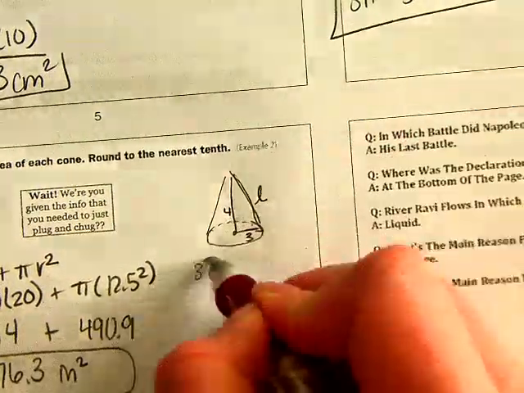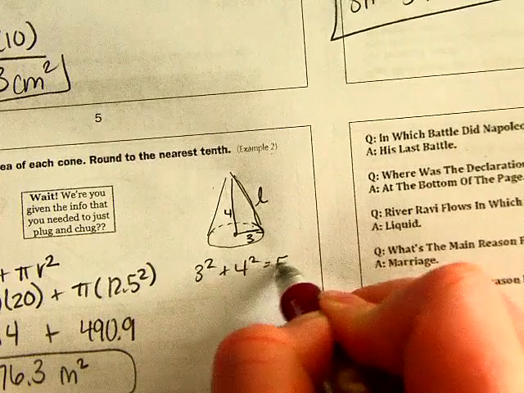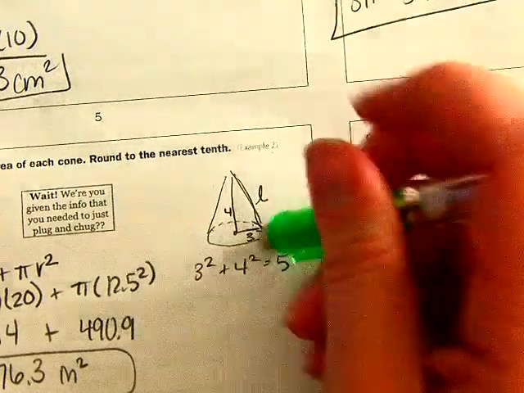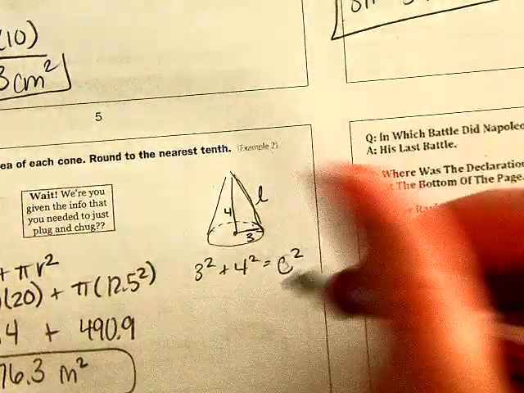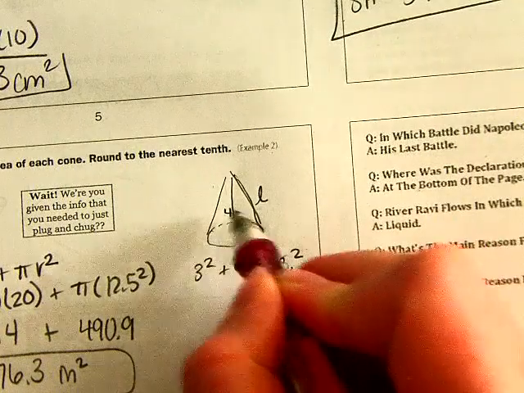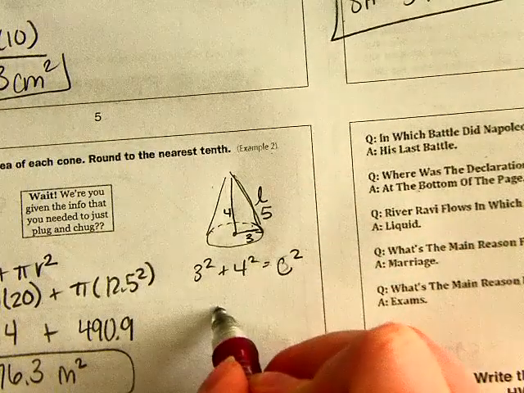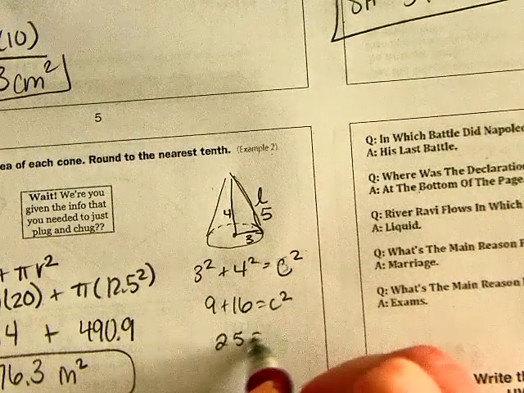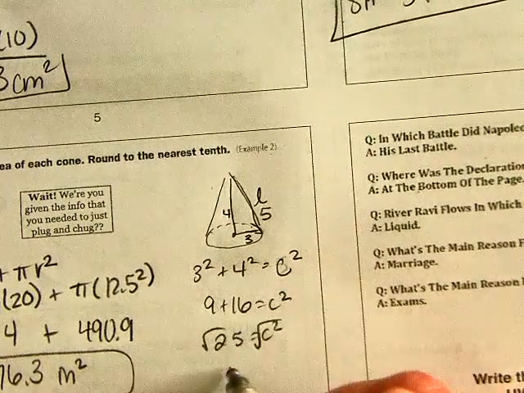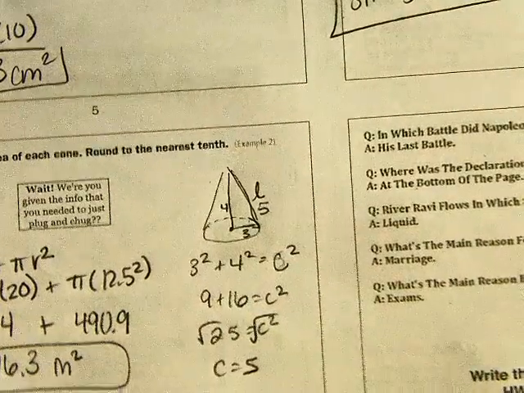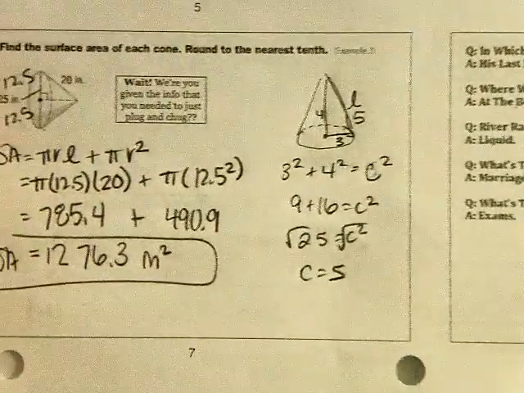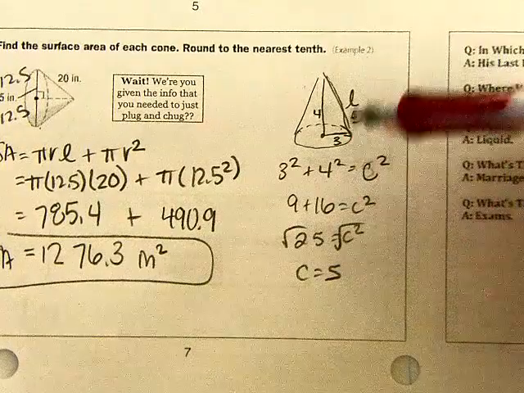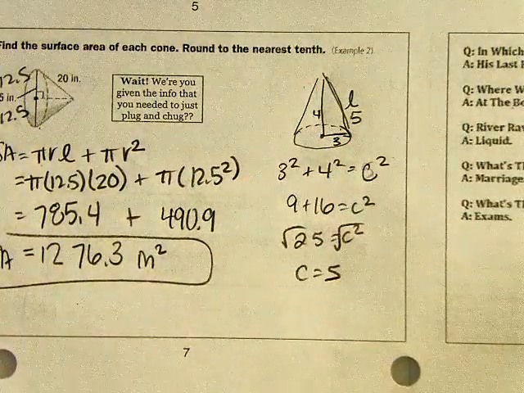So remember, it's 3 squared plus 4 squared equals c squared. Or if you remember that special right triangle, 3, 4, 5, this is going to end up being 5. In case you remember that. But they are going to give you on your homework some situations where they give you the height and not the slant height. So make sure you have the pi, the r, and the l.